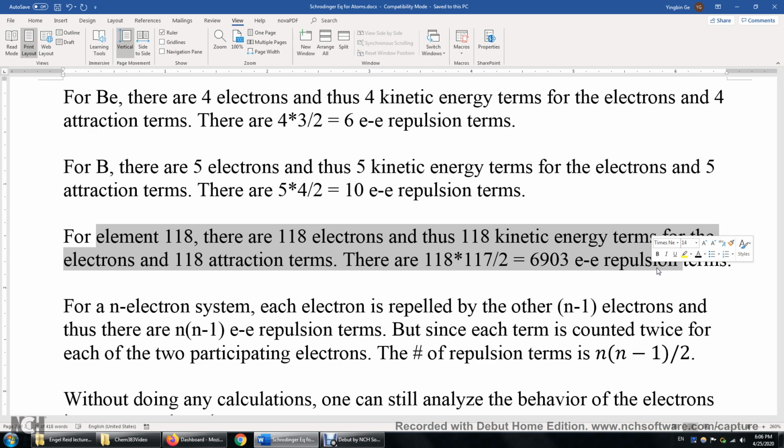And then we can compute the effective potential energy operator for electron 1, electron 2, etc. And then for each electron, there's a simple kinetic energy term and an effective potential energy term. Put them together, you get the Hamiltonian for that electron.